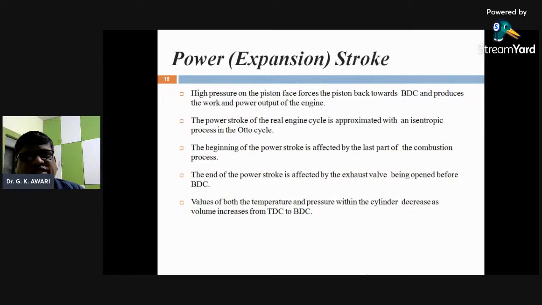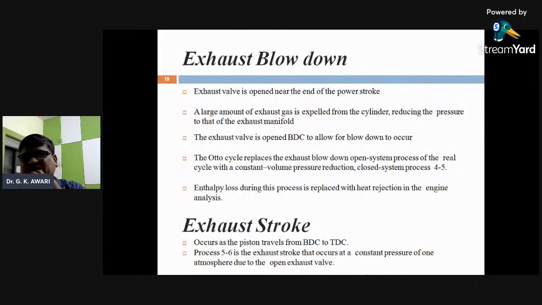The beginning of the power stroke is affected by the last part of the combustion process, and at the end of the power stroke, it is affected by the exhaust valve being opened before the BDC. Values of both the temperature and the pressure within the piston decrease as volume increases from the TDC to BDC. So this is the power stroke.